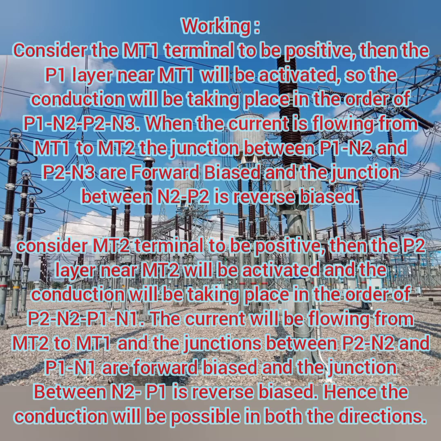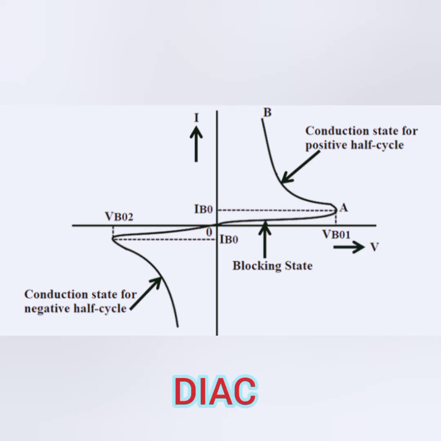The current will flow from MT2 to MT1, the junctions P2N2 and P1N1 are forward biased and N2P1 will be in a reverse biased condition. Please refer to my previous diagram for understanding.